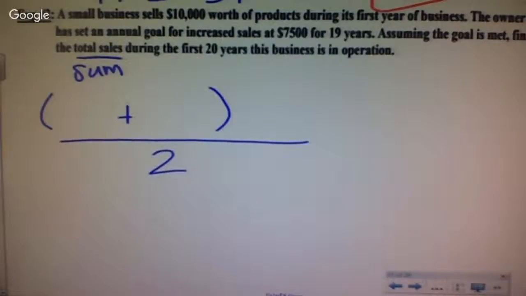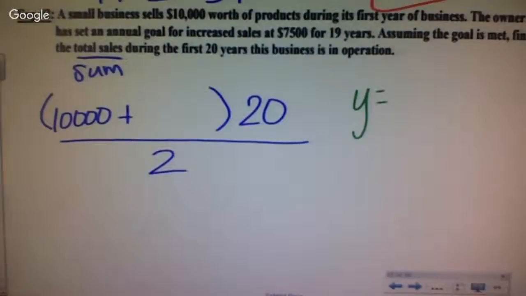What can I fill in right now? What do I know? 10,000, where's that go? Right there. Okay, so I know that. What else can I fill into this equation right now? The 20 years. What I don't know is how much they made in the last year. So I need y equals.